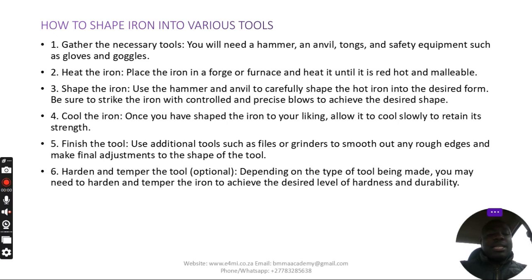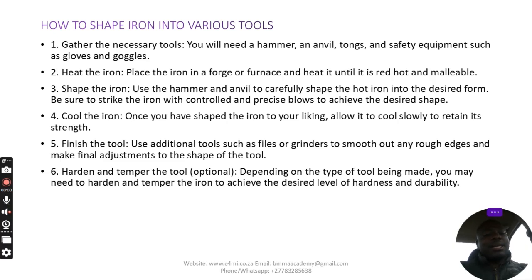So after this, you can then finish the tool. You can use traditional tools like files. You can use angle grinders to carve the iron into the object that you need. If you know how to sculpt it, then you can also do that. You can also use files or sandpaper to smooth out any rough edges and make final adjustments to the shape of the tool.